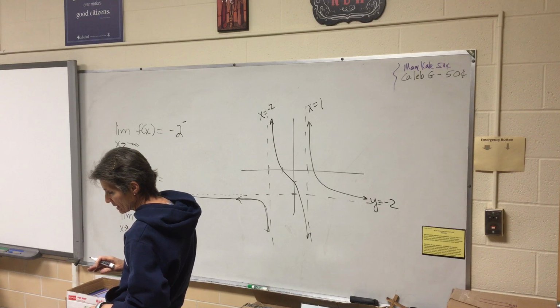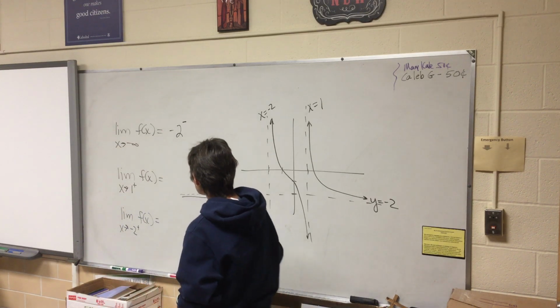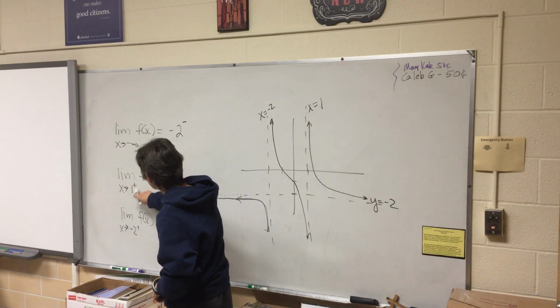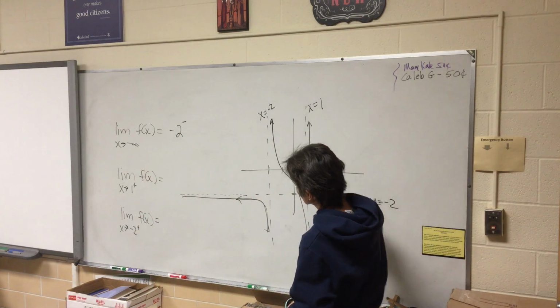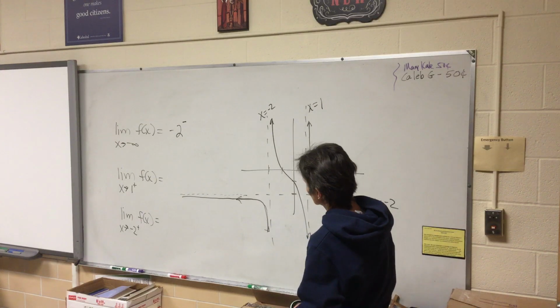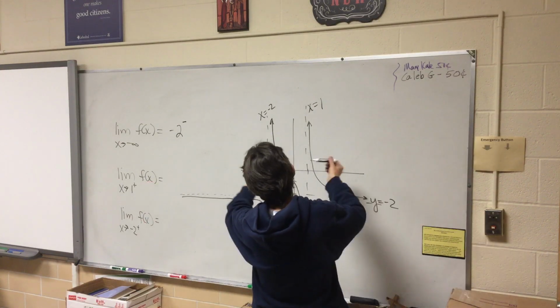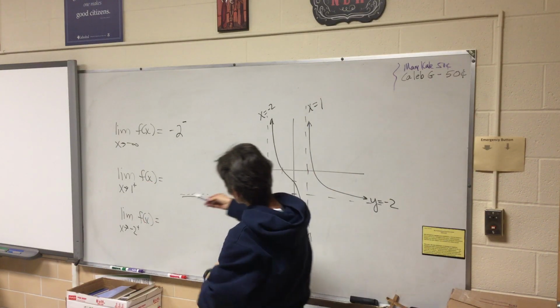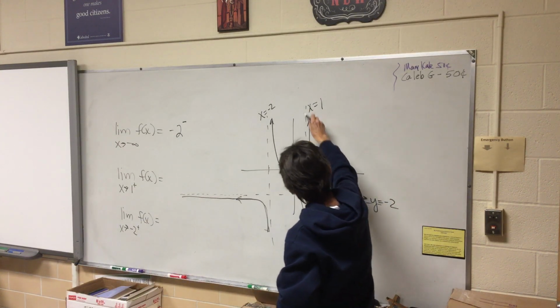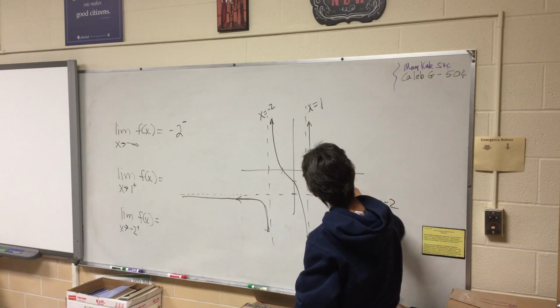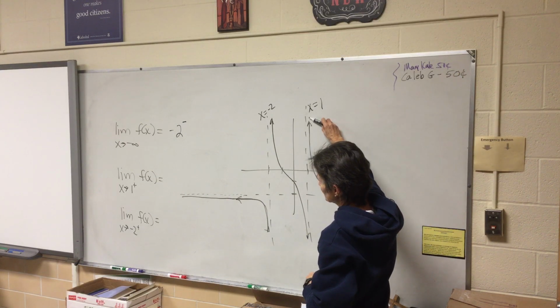I'm back. Okay, so now we're going to approach 1. So here's 1. It's an asymptote. I got to know which side I'm coming at it from. According to the problem, I'm coming at it from the right side. So here's the asymptote. Here's the right side. What am I doing?